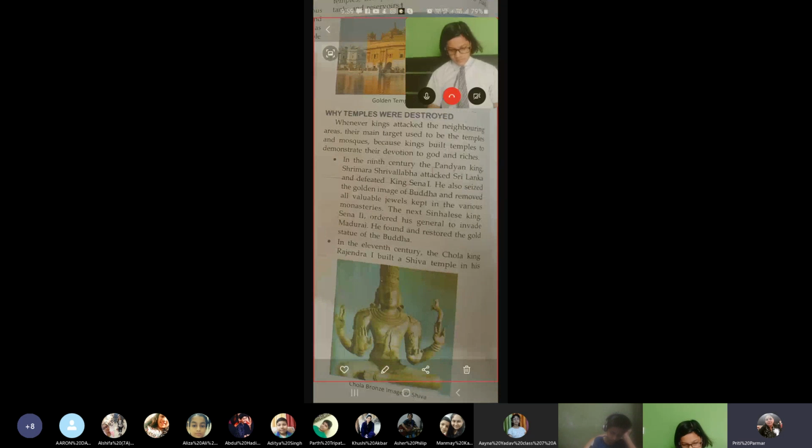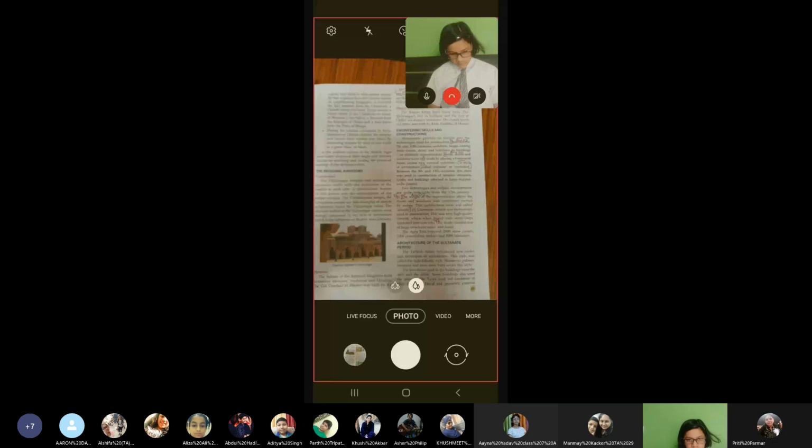Second example: in the 11th century, the Chola king Rajendra I, underline Chola king, underline Rajendra, built a Shiva temple in his capital, along with the prized statues he had acquired from his various attacks on neighboring kingdoms.